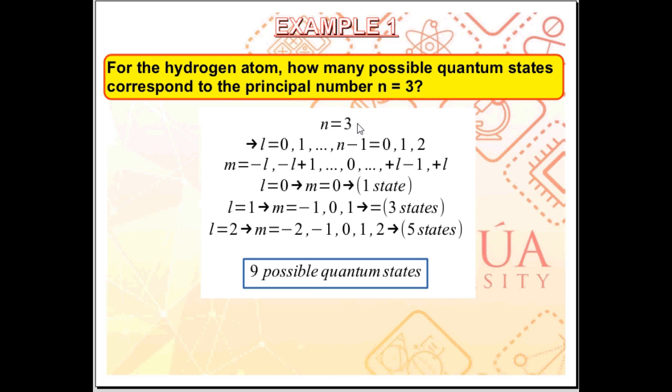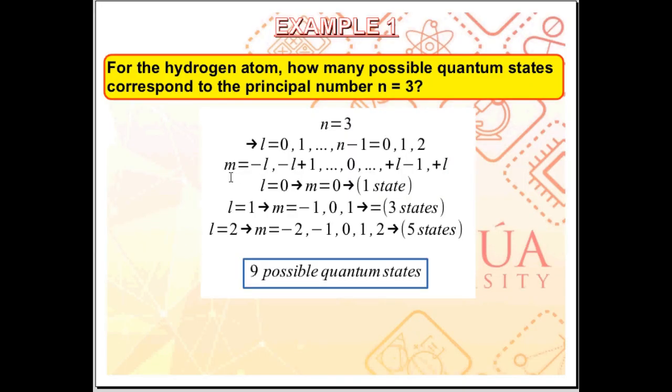So n is equal to 3. Quantum number l is equal to 0, 1, 2, and so on up to n minus 1. So n minus 1, 3 minus 1 is 2. So l is equal to 0, 1, 2.